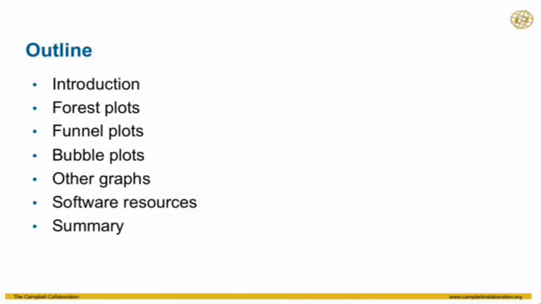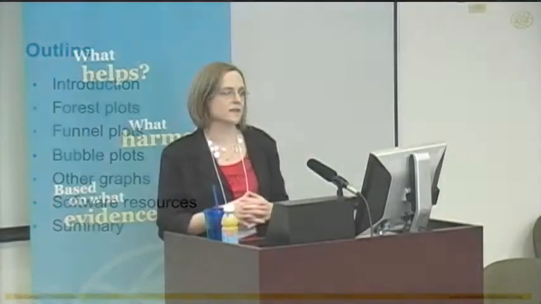And then what I want to talk about most of the time today is the three most common types of graphs that you would use in a Campbell review: forest plots, funnel plots, and bubble plots. I'll talk briefly about some other types of graphs that might be commonly used in a Campbell review, talk a little bit about the software resources that are available for the different types of graphs, and then provide some recommended reading for those of you who are interested in more resources.